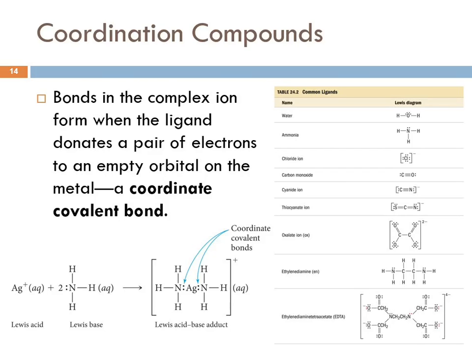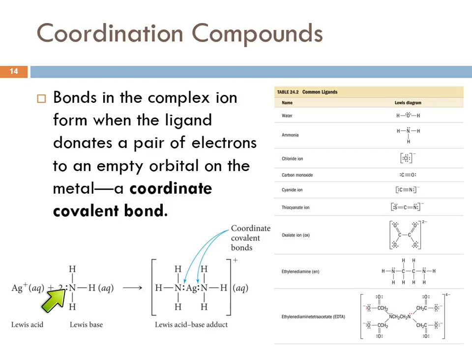So the bond between the ligand and the metal is called a coordinate covalent bond. And what happens is the ligand is donating a pair of electrons to an empty orbital on the metal. So here we have our silver ion. It has some empty orbitals, right? Some empty d orbitals. And here we've got Lewis bases, 2 ammonia molecules.